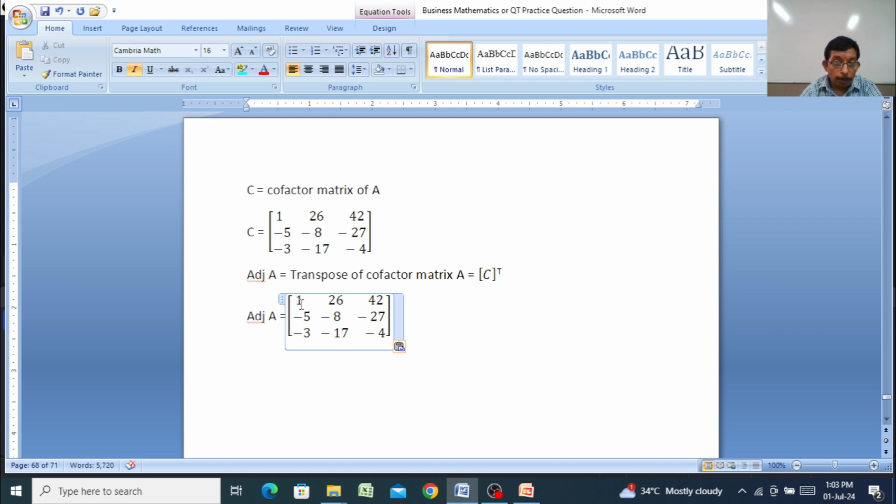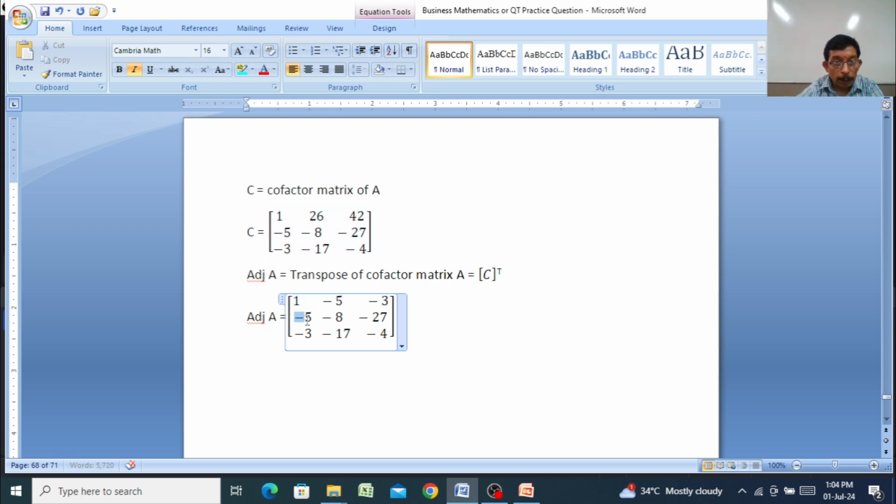First column element 1, minus 5, minus 3 is interchanged to the first row. Then 26 is replaced by minus 1, minus 5, and 42 is interchanged by minus 3. Second column element 26, minus 8, minus 17 is interchanged to the second row.